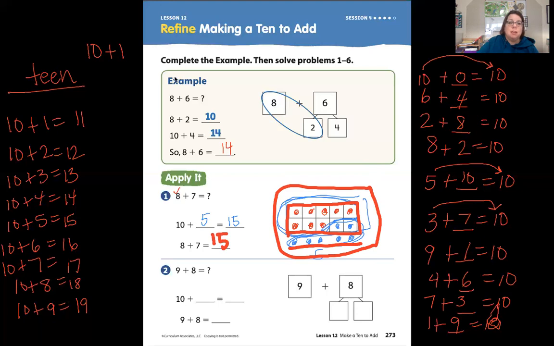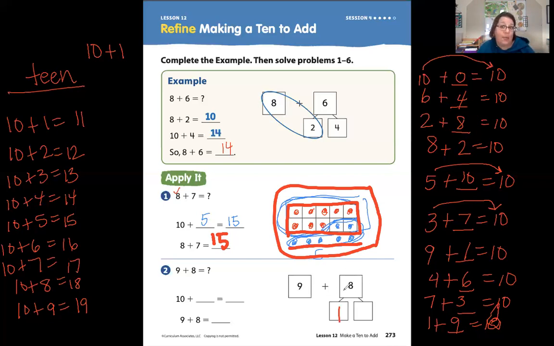Make my line smaller. Here we have 9 plus 8. 9 plus 8, 9, 10. One more. I can borrow 1 from the 8, right? So if I had 8, and I take 1 away, what's my other part? 8, take away 1. That other part is 7.